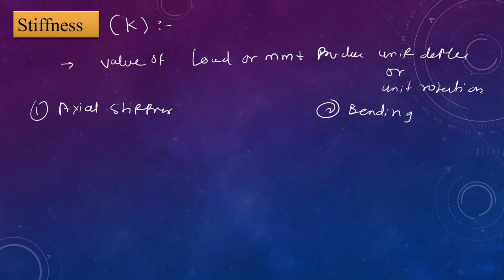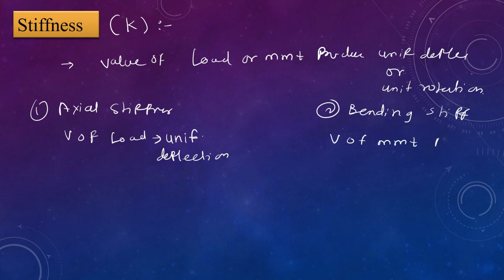So here the load and moment values are distributed. The value of load which produces unit deflection is the case of axial stiffness, and the value of moment which produces unit rotation is the case of bending stiffness.